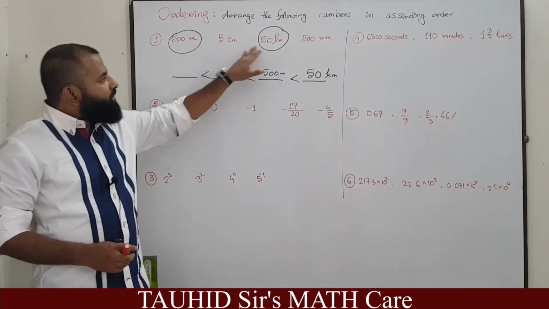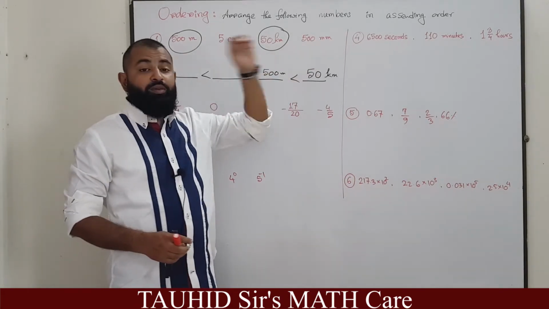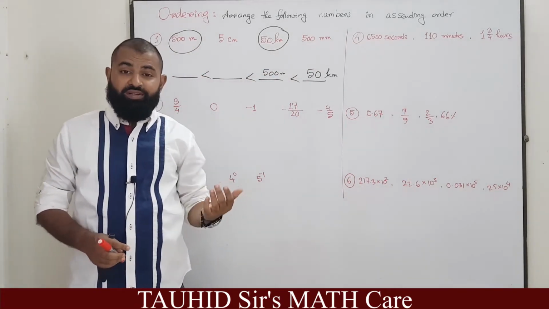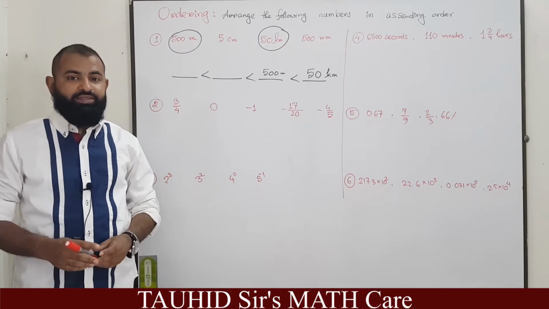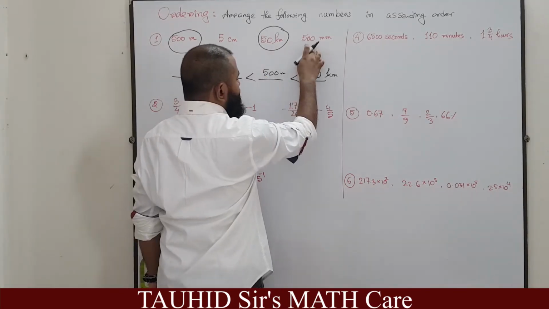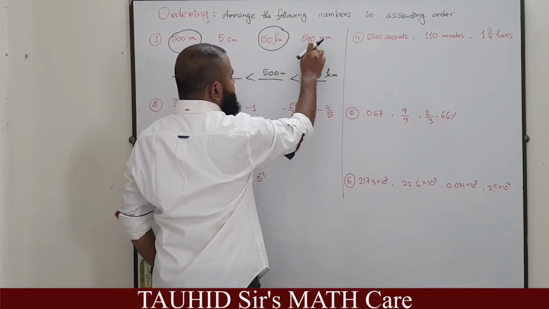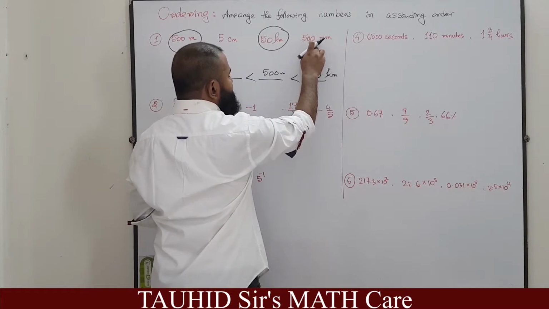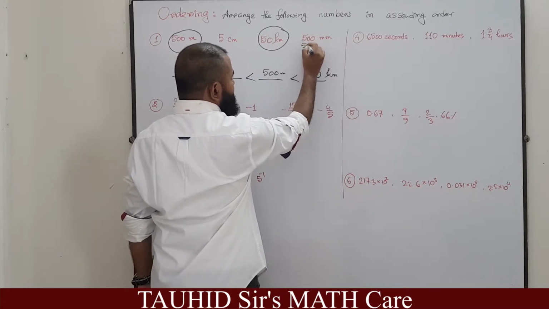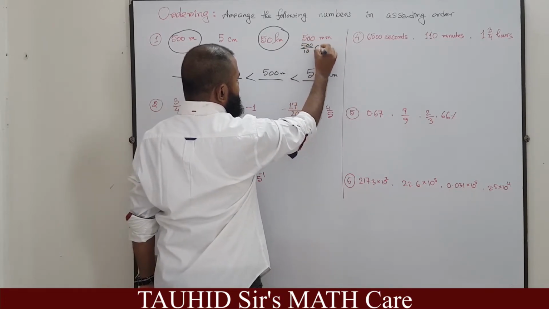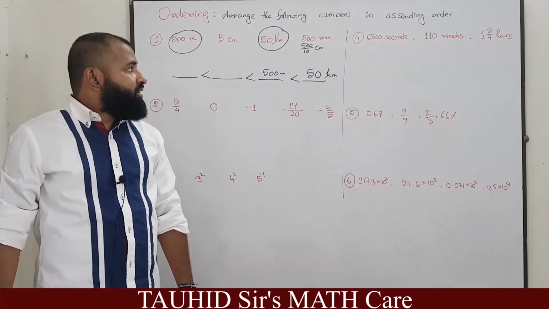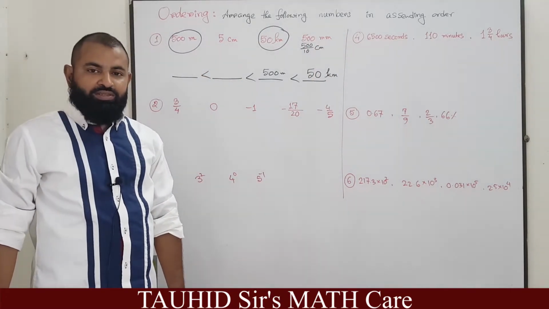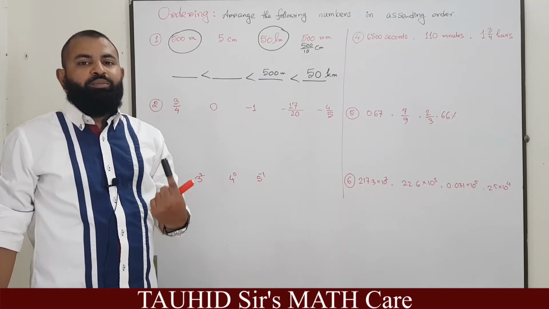Now 5 centimeter and 500 millimeter, which one is greater and which one is smaller? If we equate the units and express this in centimeter, 500 by 10 centimeter, you know that 1 centimeter equals 10 millimeter, that means 1 millimeter equals 1 by 10 centimeter.